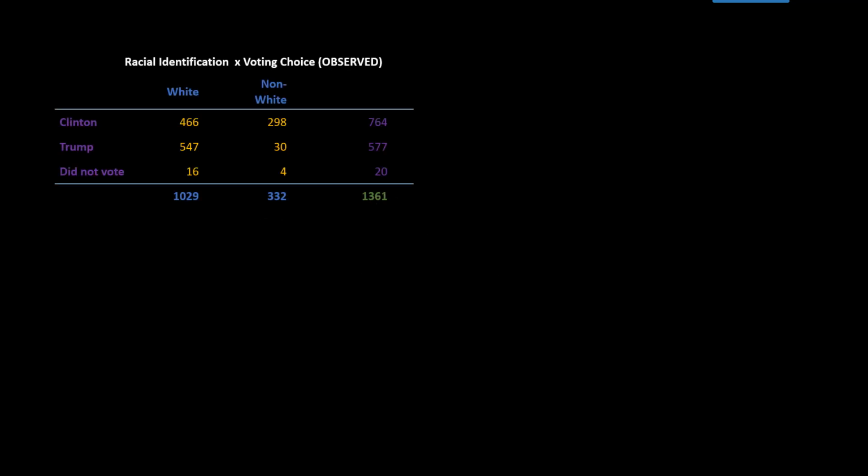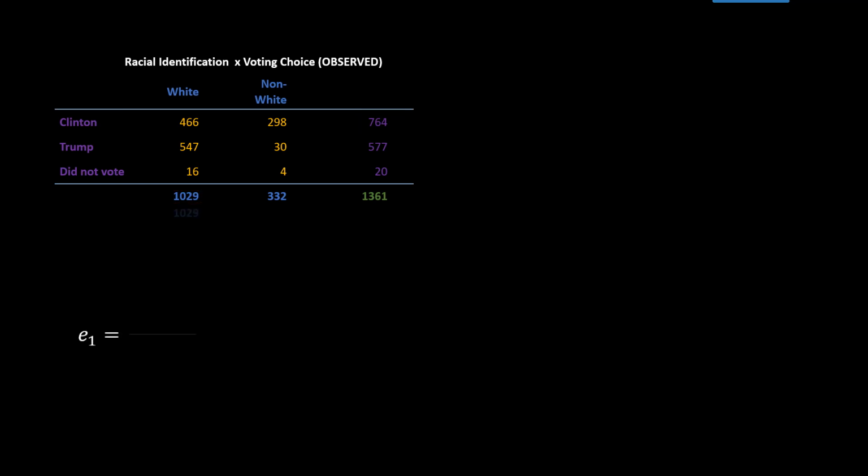Here's that table reproduced. To calculate the expected frequencies in each cell, we multiply the row marginal value by the column marginal value associated with the cell we're interested in, and divide that result by the total number of cases. So in the first cell, the one for whites who voted for Clinton, the row marginal is 764. The column marginal is 1029.